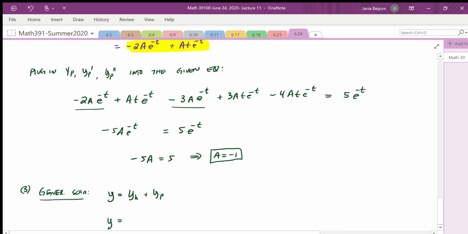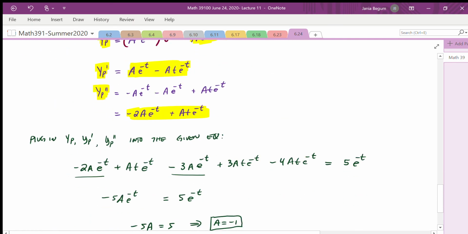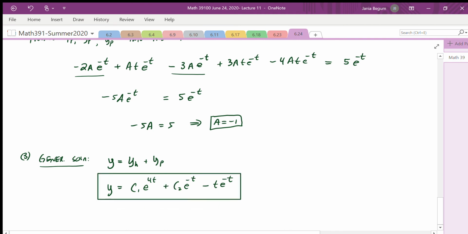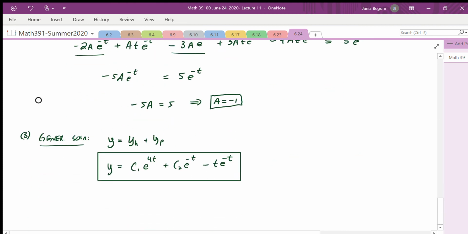Yh was this purple box, c1 e to the 4t plus c2 e to the negative t, minus t e to the negative t. So that's our general solution. So any questions on this? Alright, so we went through the entire process solving this.